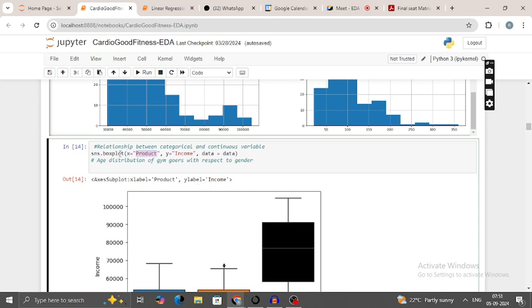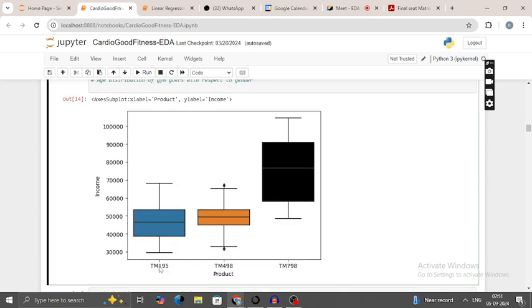So look at this, you can see segregation possible here in data visualization. Here is the distribution. So similarly, look at this, TM195 people were earning $40,000 to $50,000 per year. That is their choice.